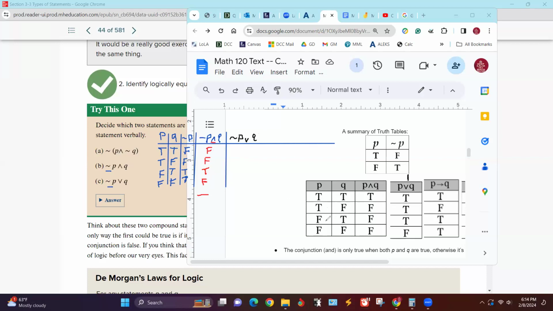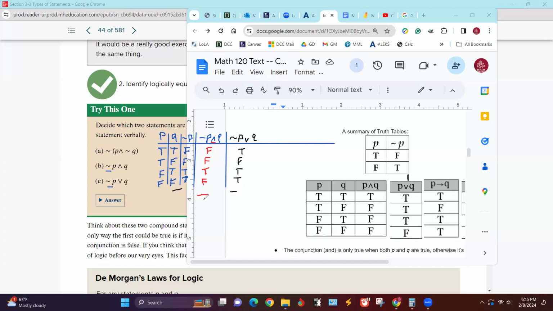True, false is true. False, true is true. The only one that's false is false, false. So I'm looking at these two now, not P and Q. As long as I get a T in there, it's true. But two falses makes it false. So that's why the second row is false.